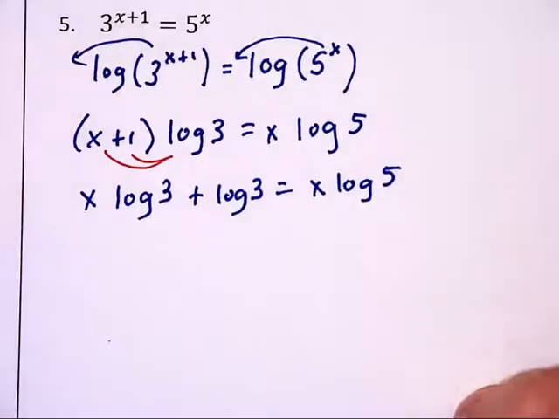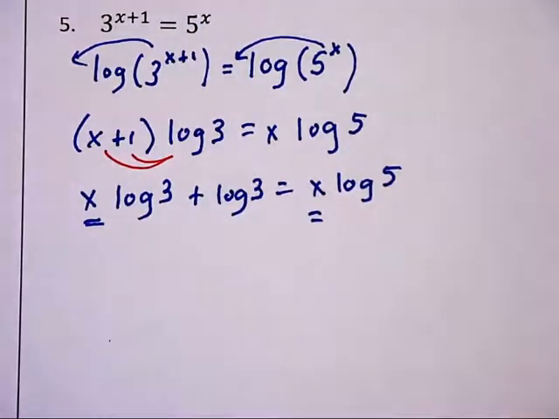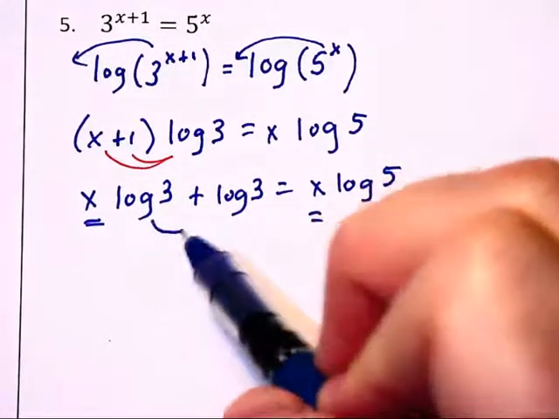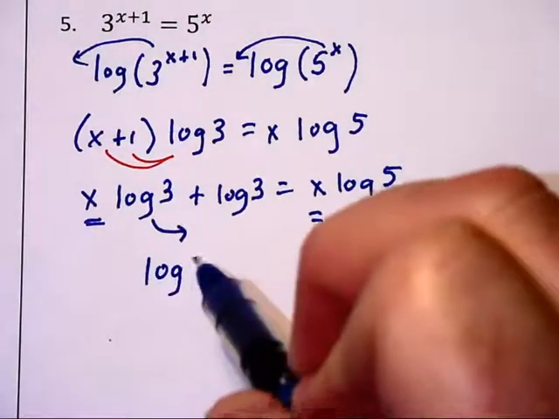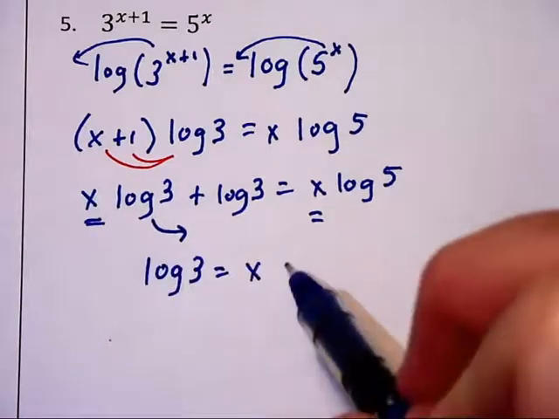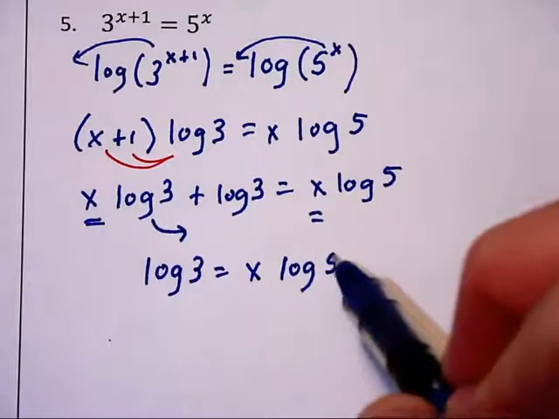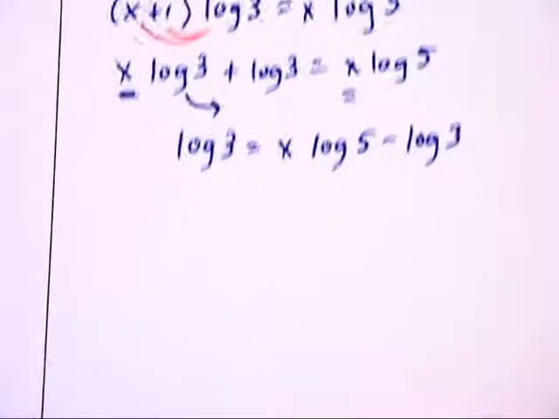Well, we now want to solve for x, but we've got x's on the left and x's on the right, so we need to get all the x's to one side of the equation. So I'm going to leave the log of 3 on the left and subtract this x log 3 over to the other side, giving us x log of 5 minus x log of 3 on the right-hand side.